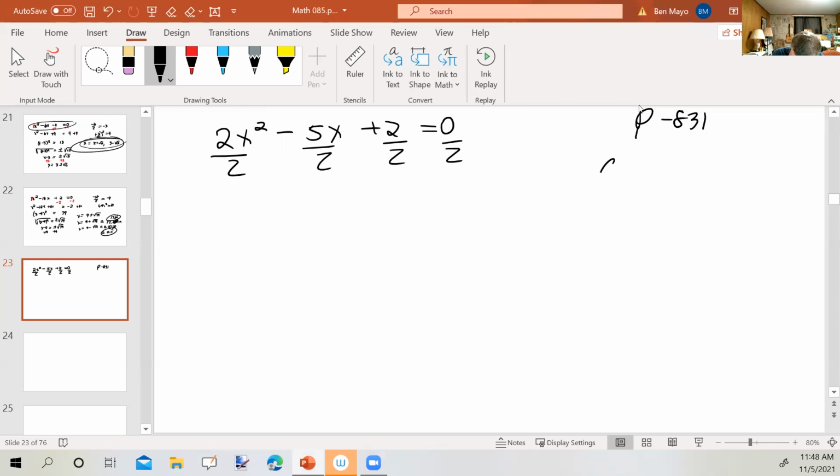Okay, so thinking in terms of ax squared plus bx plus c equals 0, you would divide everybody by a unless a is already 1. Okay, all right, now this gives me x squared minus 5 halves x plus 1 equals 0. The next step is to move the constant term to the right side of the equation. So I'll subtract 1 from both sides.